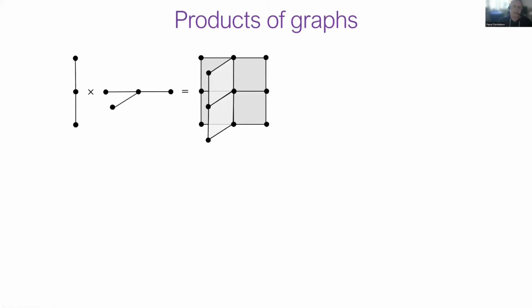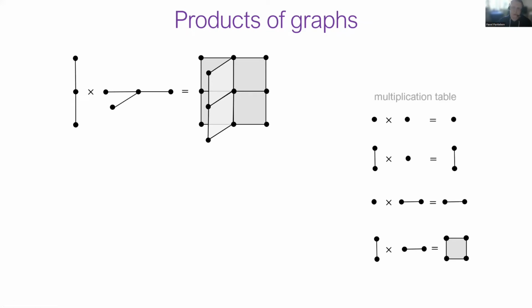Okay. Let me describe the idea of the product of two graphs. First, let us consider the topological direct product. We consider graphs as topological spaces, and they are one-dimensional complexes. If we multiply them, we obtain a two-dimensional complex that contains vertices, edges, and two-dimensional squares.